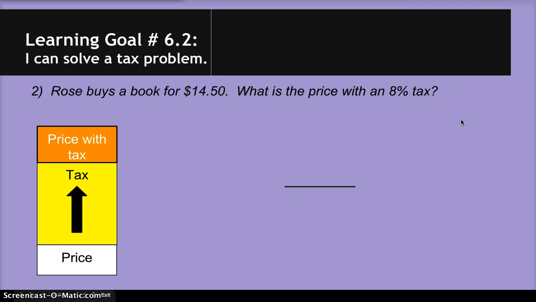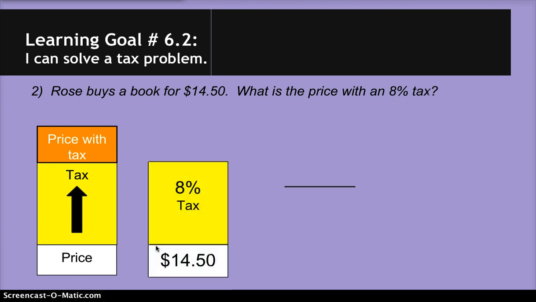All right, let's do a second problem. It says, Rose buys a book for $14.50. What is the price with an 8% tax? So again, we're going to use our diagram. Our price is $14.50. We have an 8% tax.